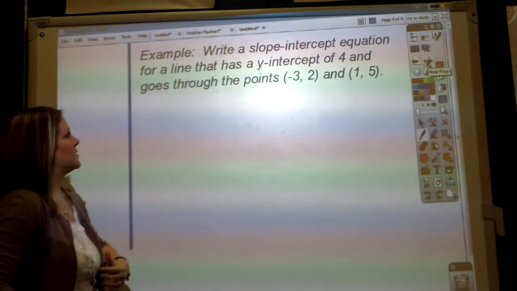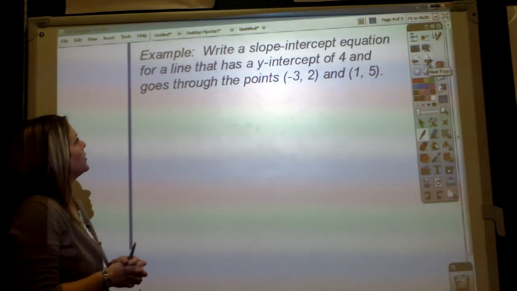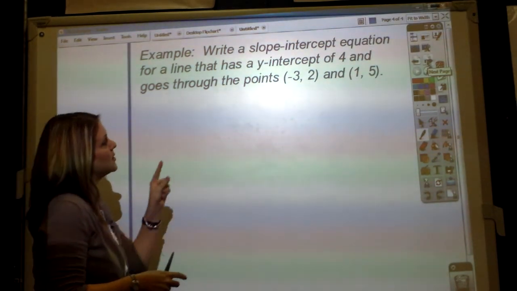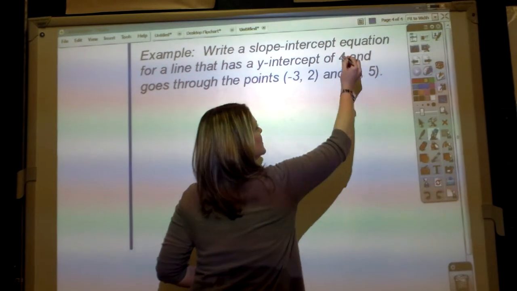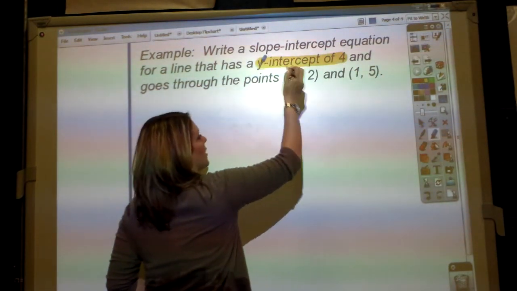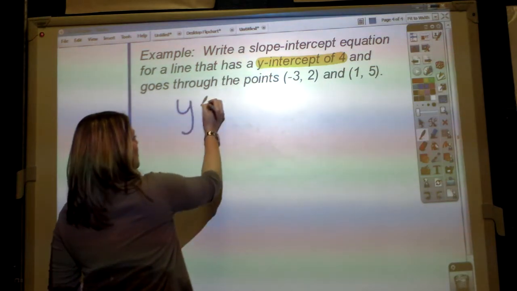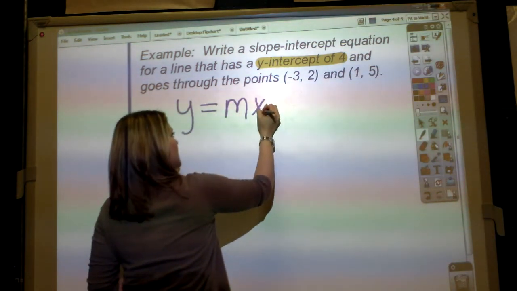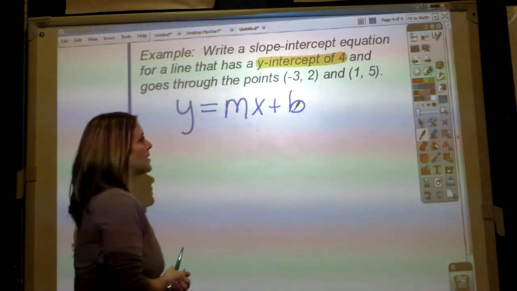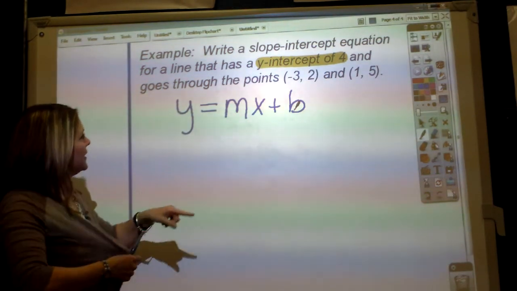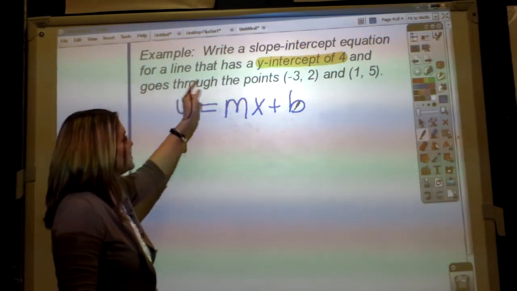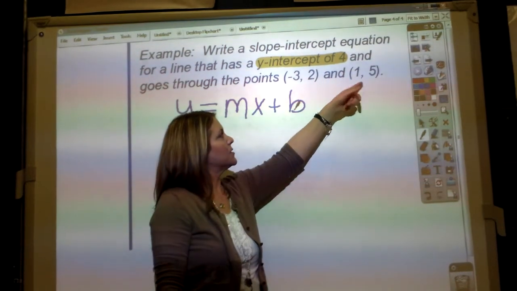All right, let's look at this example. Write a slope-intercept equation for a line that has a y-intercept of 4. That's good information to know. We also know they want it in slope-intercept form, the y = mx + b form. And our line is going to go through these two points.